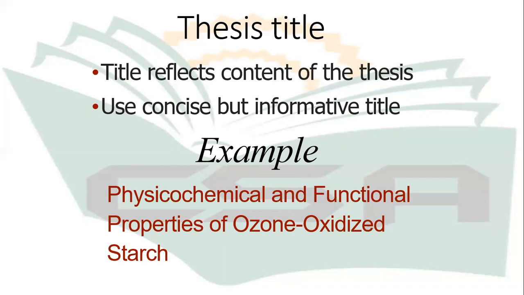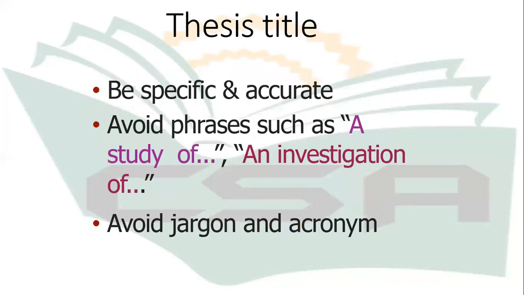Here is an example: physicochemical and functional properties of ozone oxidized starch. In this title, it is clearly mentioned what the functional properties of oxidized starch are. The title must be specific and accurate.